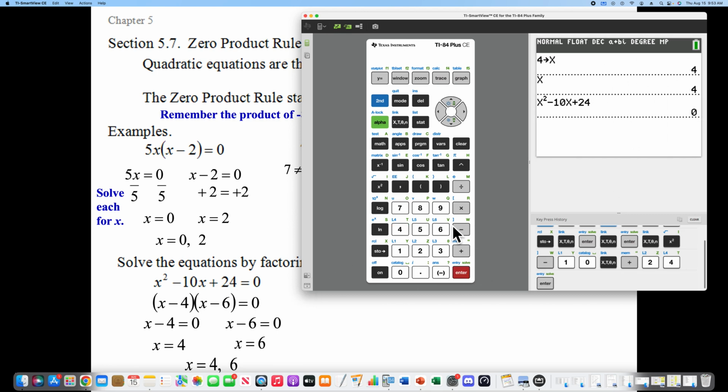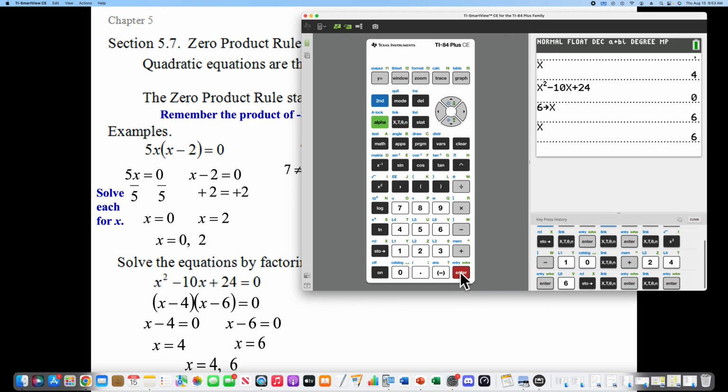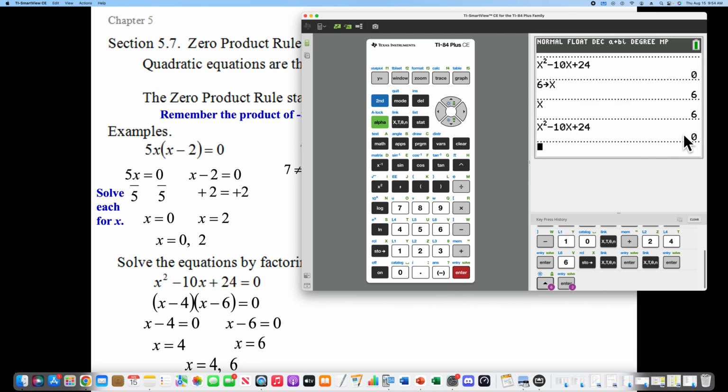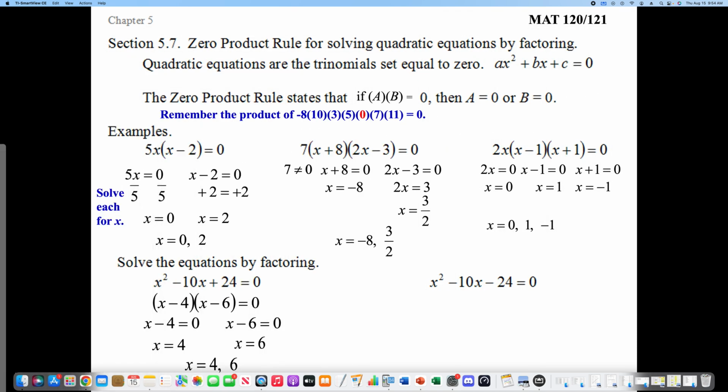Now I want to check the 6. 6, store it for x. Enter. Now every time I hit x, I get a 6. So I'm going to up arrow to get to my trinomial, have it highlighted, hit enter, and it pastes it down below. Now it's going to plug the 6 in for the x's. It gives me a 0, so now it tells me those two answers are correct.